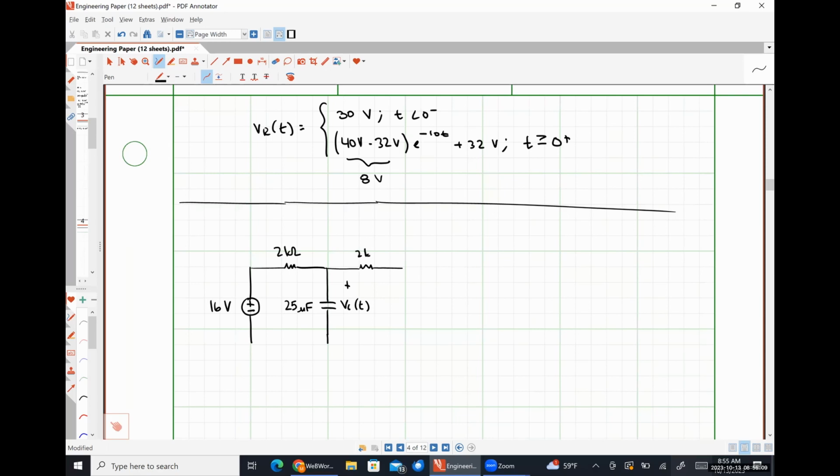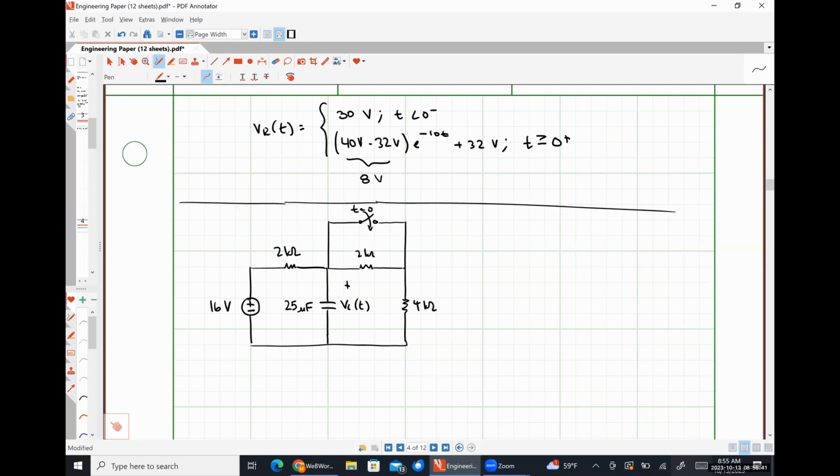We'll have a 2 kilo ohm resistor right here and a switch above it. Let's have this switch closing at t is equal to 0. Let's put a resistor here. Let's make this 4 kilo ohms. And there is our circuit of interest.